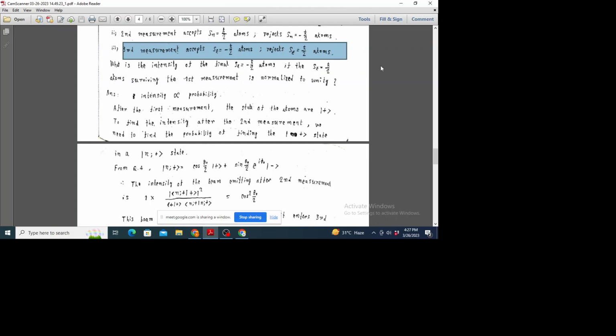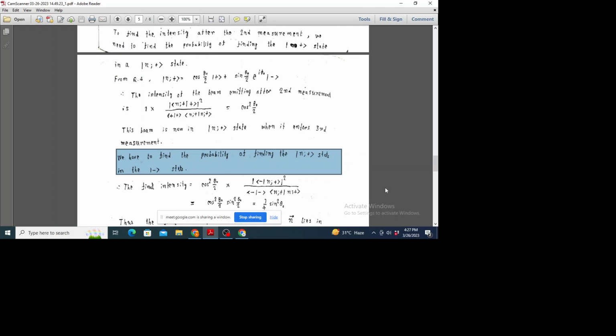That means the final intensity will be proportional to the probability of finding these n plus states that enter the third measurement in the minus state. So in a sense, we have to find the probability of finding the n plus state in the minus state.